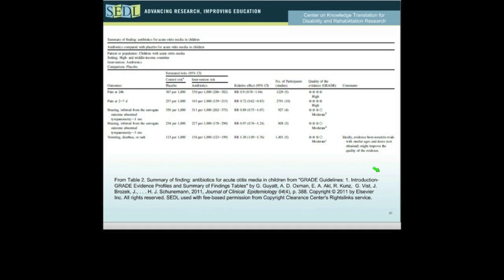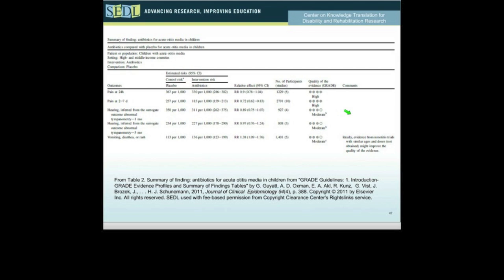Here are the outcomes, each line as in the previous table. Each line is the evidence for a particular outcome: placebo, antibiotics, relative risk, number of participants, quality of the studies, and some comments.